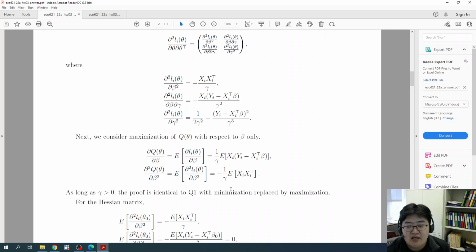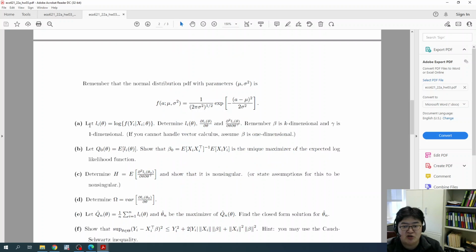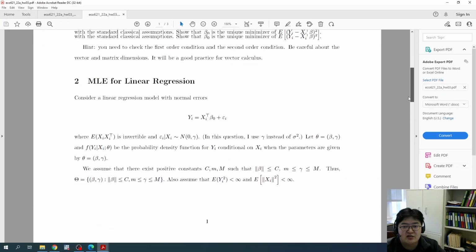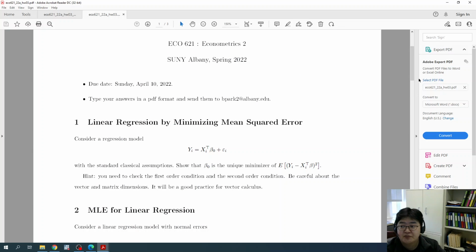And now we will see the maximization of the criterion function. The criterion function is the expectation of the log likelihood, so we just answered this. This question is pretty much the same as what we did in question 1.